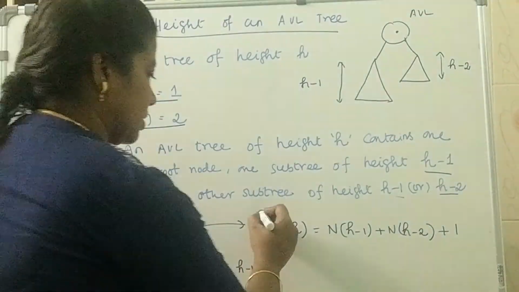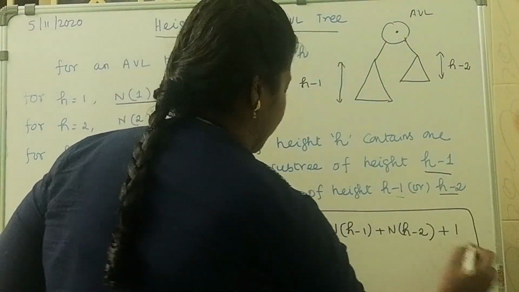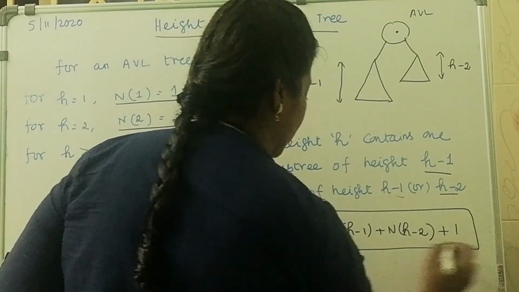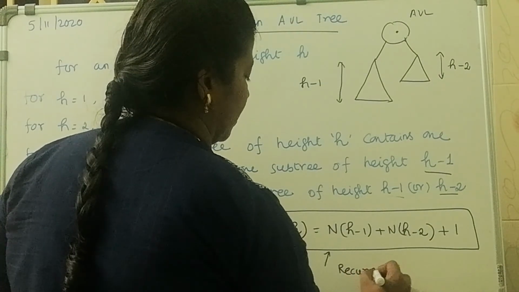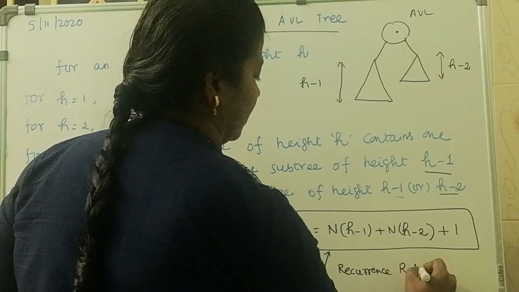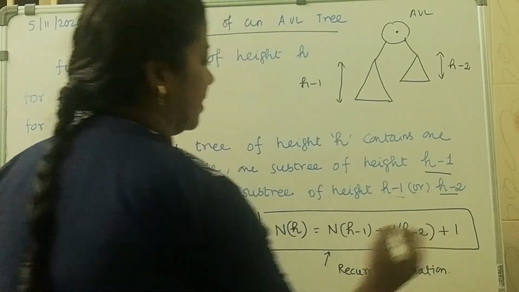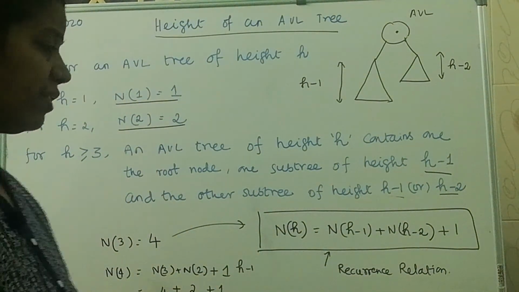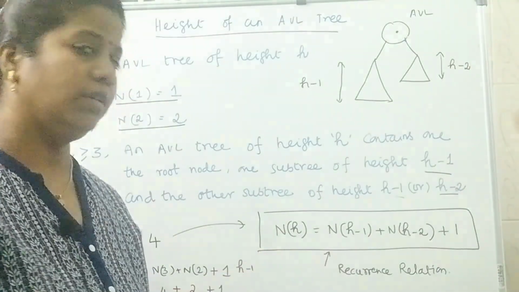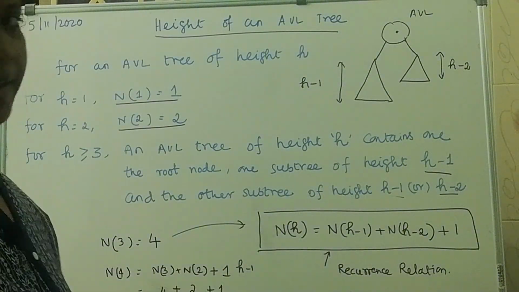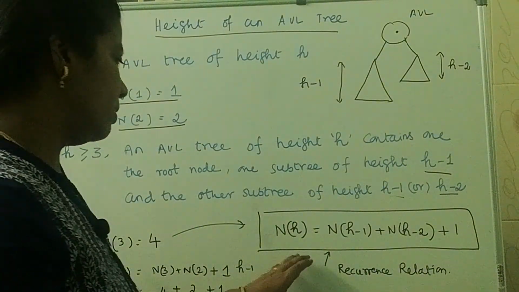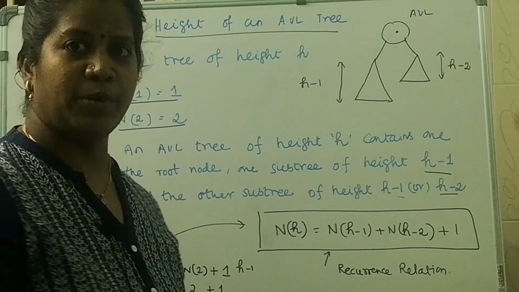So this is a general mathematical formula which is also known as a recurrence relation. Okay, this is called a recurrence relation, and we are trying to solve it, but we are not going to solve this recurrence relation directly; we will try to solve it using some approximation method.